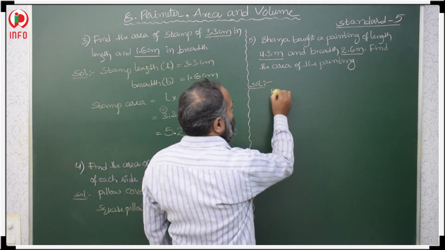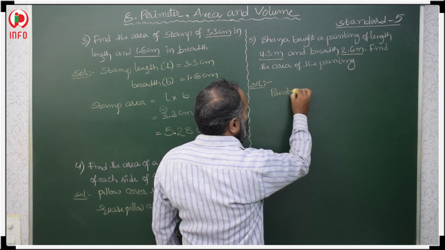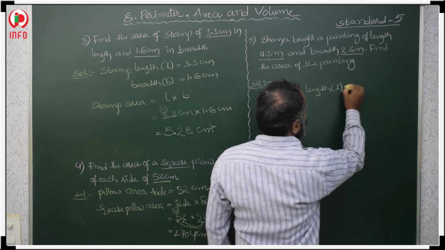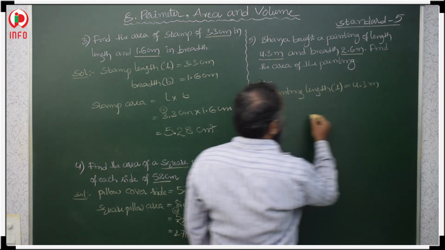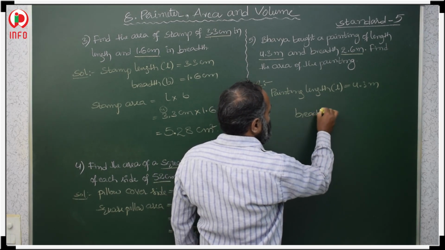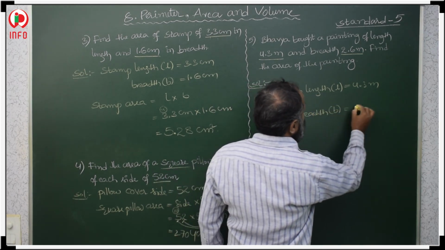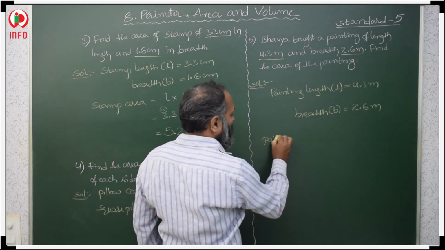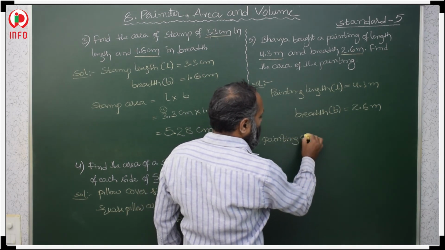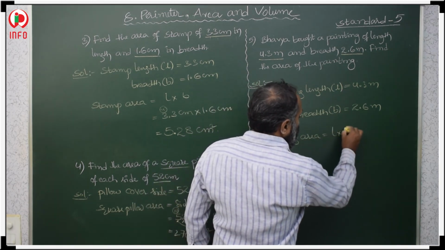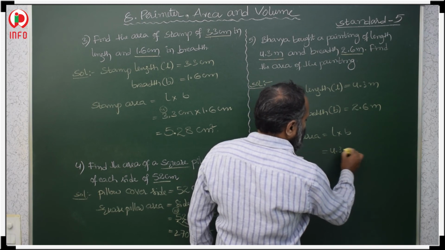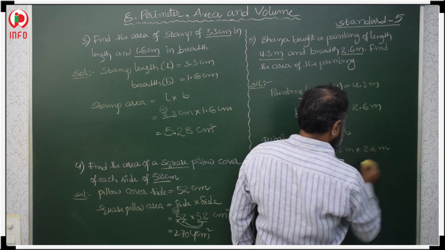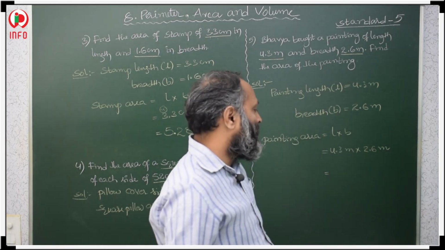So, painting length L is equal to 4.3 meters, then breadth is equal to 2.6 meters. Then painting area, length into breadth. What is the length? 4.3 meters. What is the breadth? 2.6 meters. Then, so we have to multiply.